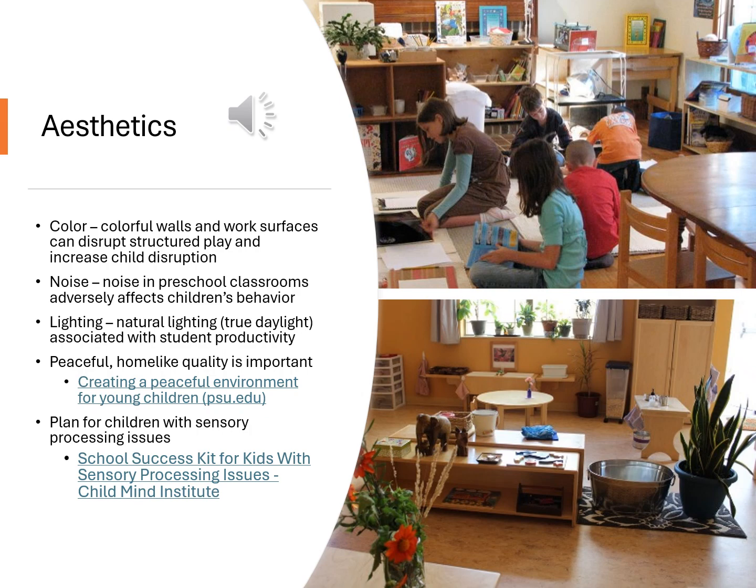So what we really want is colors that are neutral and home-like and natural. You can see in the pictures on this slide that these are rooms where they look like someone's home. There's natural light and plants and lovely wood and carpeting, things that feel more soothing to the eye in terms of color.